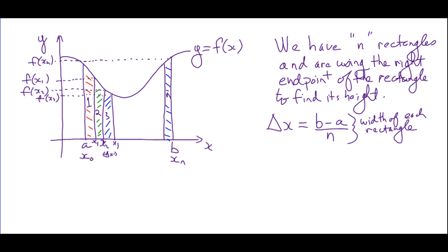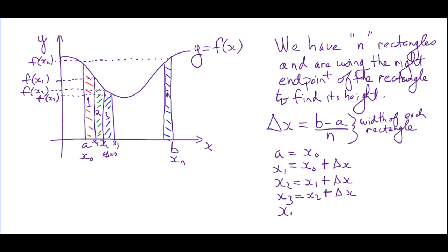And what we're going to say is, well, a is x sub 0. x1 is equal to x sub 0 plus delta x, right? So if I want to get to x1, I start at x0 and I go delta x over and I get to x1. x2 is equal to x1 plus delta x. x3 is equal to x2 plus delta x. And what's x sub n?